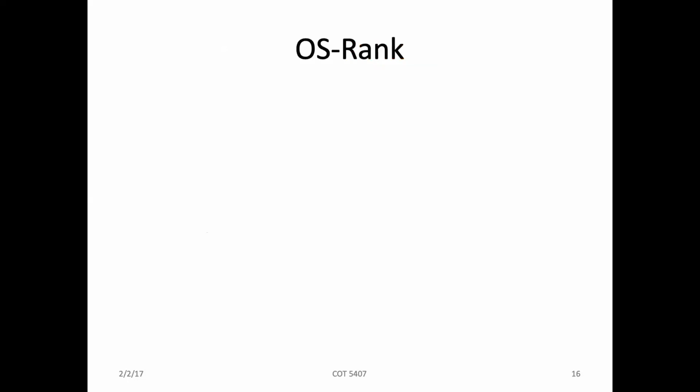So I'm going to tell you how we can do the rank operation first, and then you'll see that we can also do the select operation quite quickly. The way we're going to do the rank operation is by adding some extra information to each node in the red-black tree. What is important is that whatever information I store, I should be able to update it efficiently.